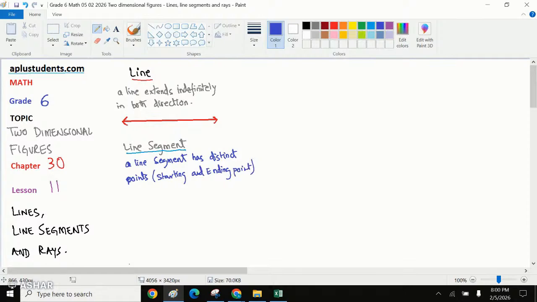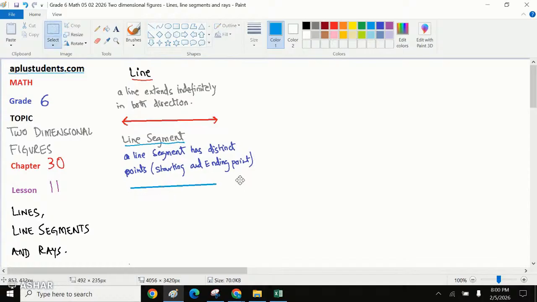If we draw a line segment, it would be very similar to the line. The only difference is that the line has extensions, whereas a line segment has a starting point and an ending point. That's the difference.